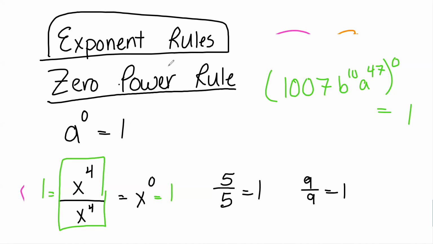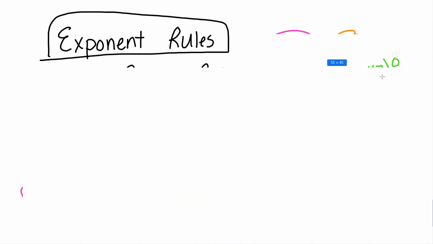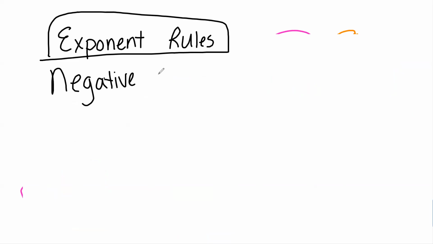All right, and then I've got one more to tell you about, and it's probably the hardest. It's the negative exponent rule. And all the other rules can work with negatives. All right, negative exponents, for some reason, and I don't truly even know the reason fully, are just not allowed.